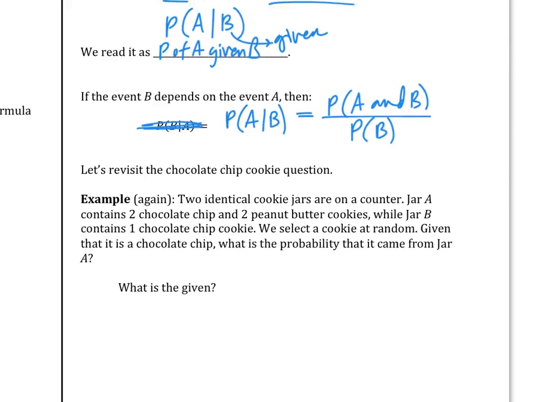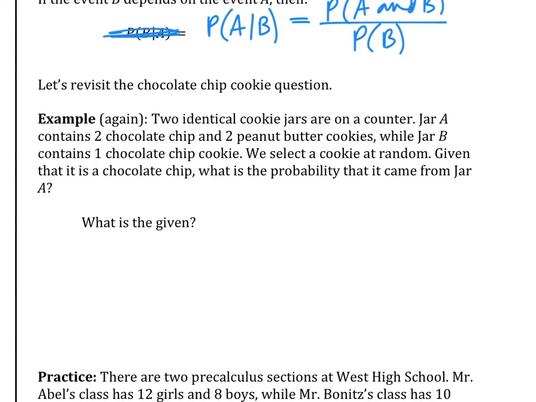So let's look at that chocolate chip question again. You have two identical cookie jars on the counter. Jar A contains 2 chocolate chip cookies and 2 peanut butter cookies, while jar B contains 1 chocolate chip cookie. We select a cookie at random. Given that it is a chocolate chip, what is the probability that it came from jar A?